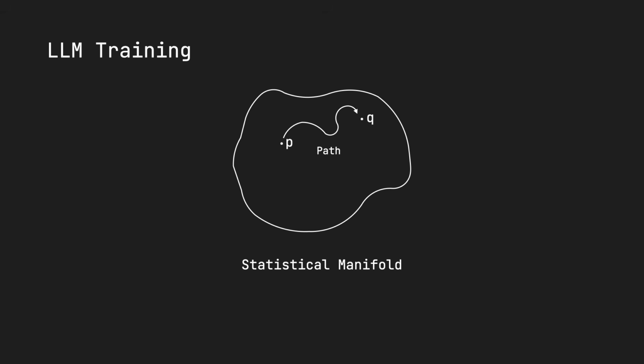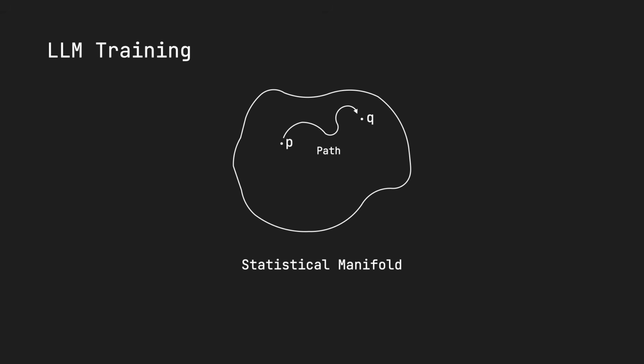As you go through training, you are forming a path from P to Q. Q, for example, is when you have completed your training and landed upon a set of weight parameters that work. So you've gone through different stages of training through gradient descent, and you have traced an arc on this manifold from P to Q.